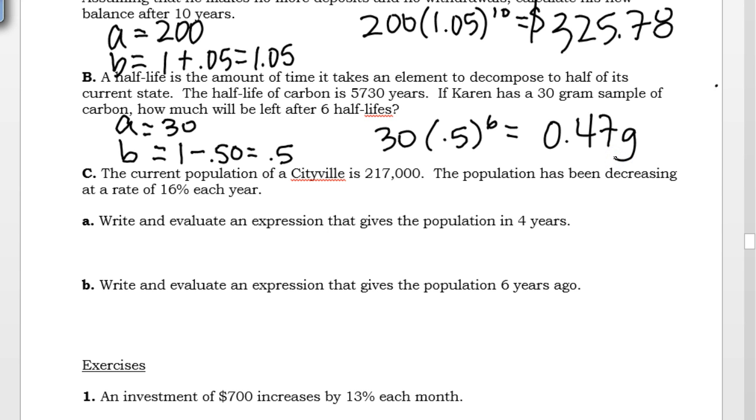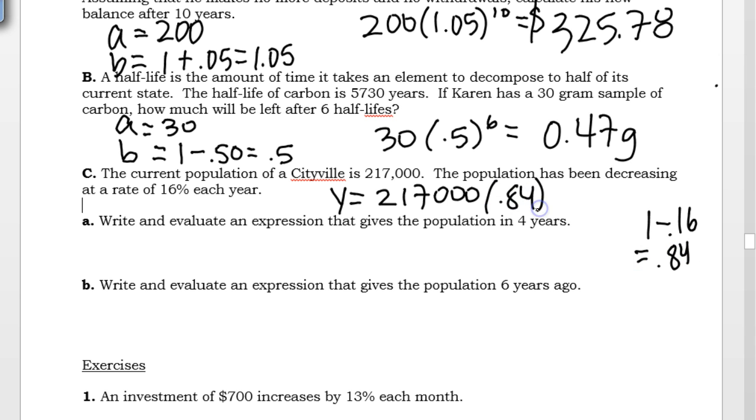Example C says the current population of Cityville is 217,000. The population has been decreasing at a rate of 16% each year. So I'm going to write my equation up here, since I got a part A and a part B. I have my starting value, and I'm losing 16%. That means I'm maintaining 84%. If I have 100% and I take away 16%, I'm left with 84%.